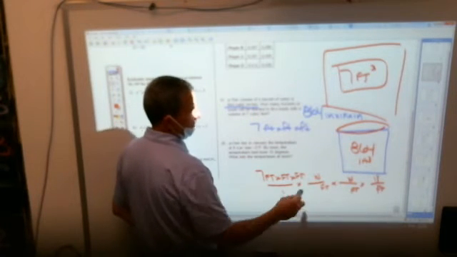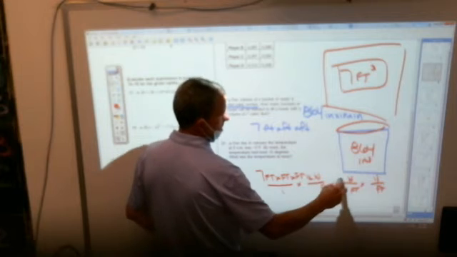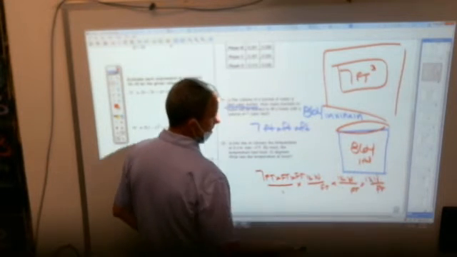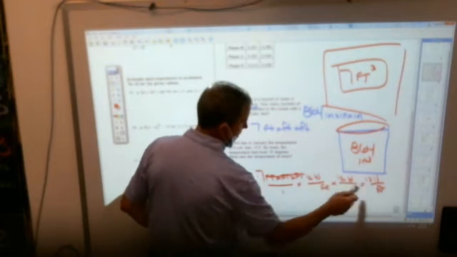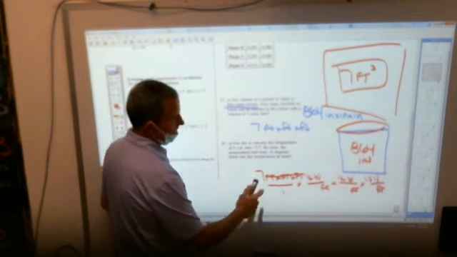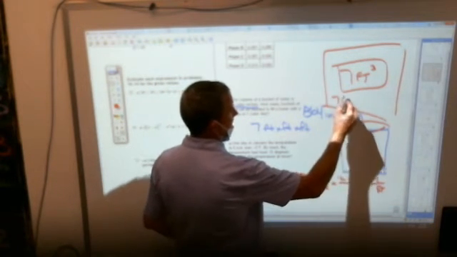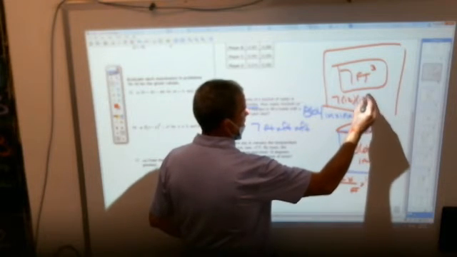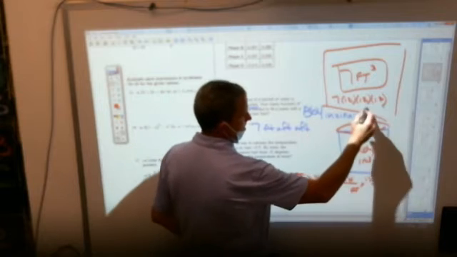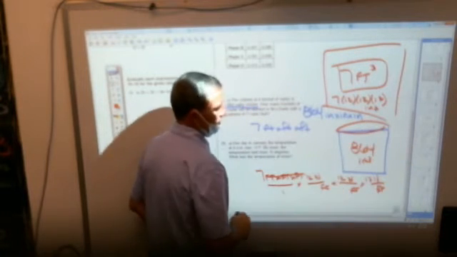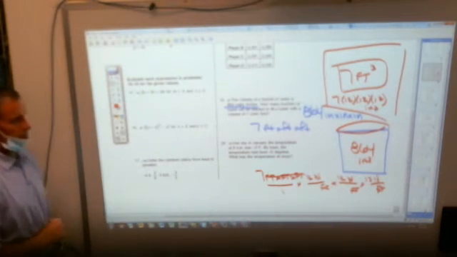How many inches are in a foot? 12, 12, 12. Now, ladies and gentlemen, so feet all cross off. I am left with, instead of 7 cubic feet, this thing is 7 times 12 times 12 times 12 cubic inches. So now it's just a matter of dividing those two numbers.